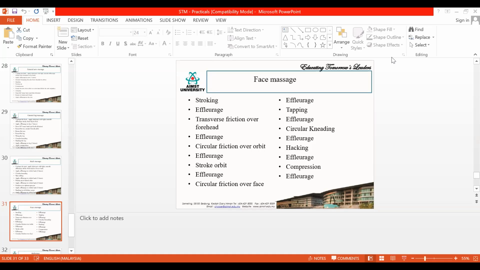Okay, so far, do you have any doubts? So practice the facial massage. Maybe you can practice on your siblings or your parents. When you are using powder, be careful because some people may be allergic to powder.